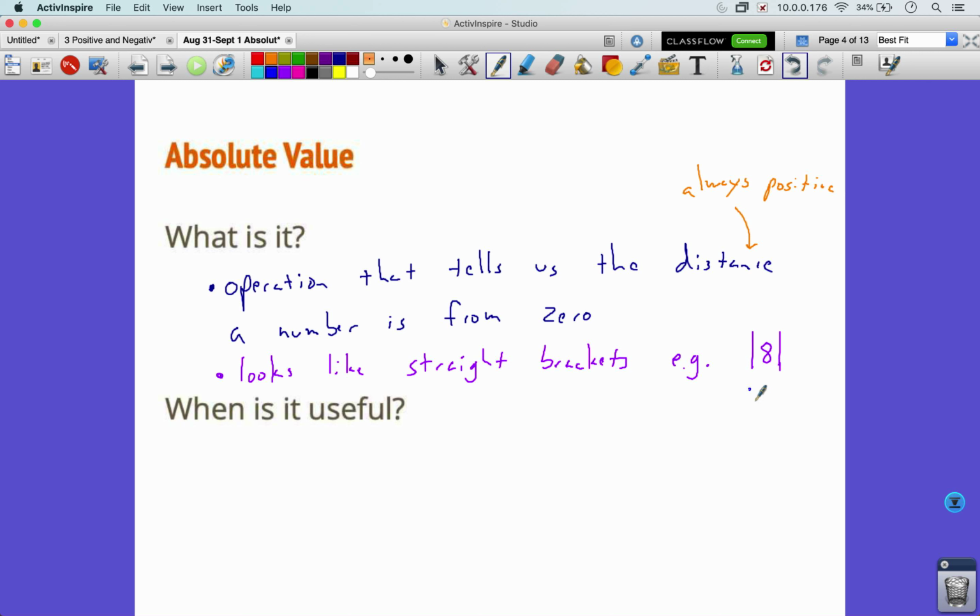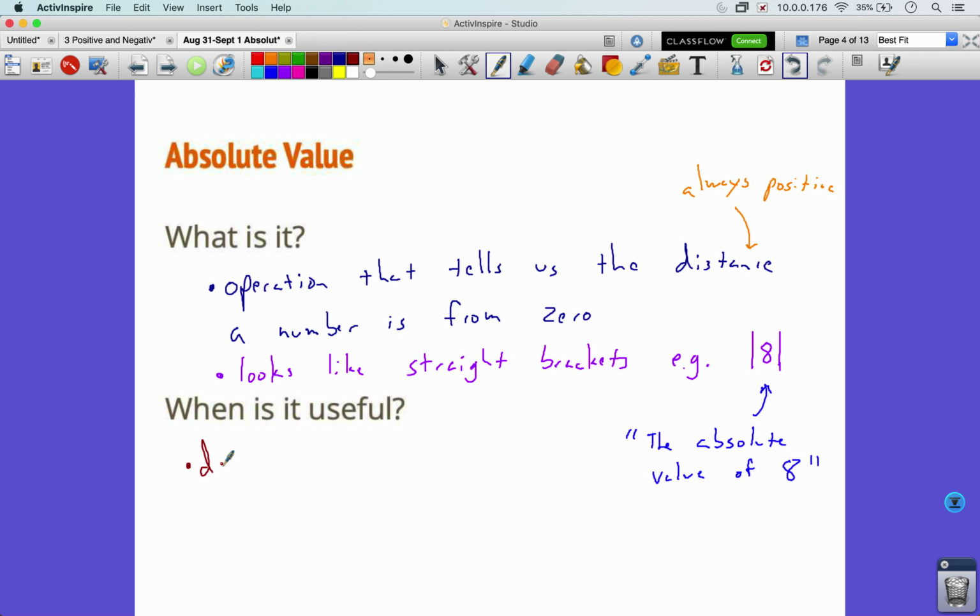And that's how we would say this. We would say the absolute value of 8. That word "of" is important. You can't just say absolute value 8. Doesn't sound quite right.